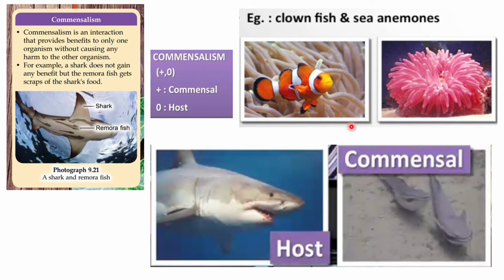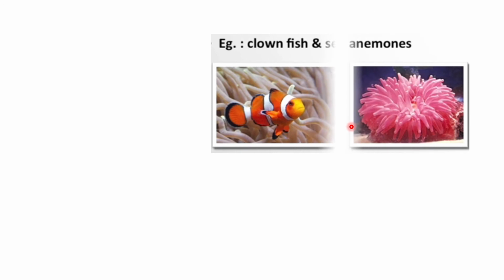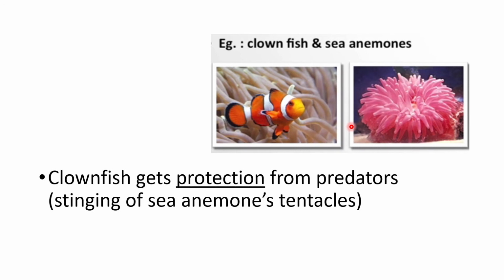So let's look at the examples. The first one is between the clownfish and also the sea anemone. Iaitu buran laut tadi, dia ada the stinging tentacles, right? So kebaikan, this is the commensal. The clownfish is now the commensal. It's getting protection from predators, daripada pemangsa yang cuba makan clownfish ini.